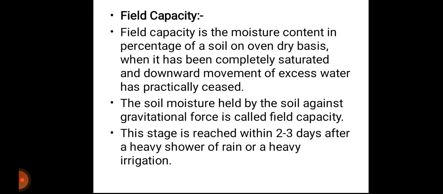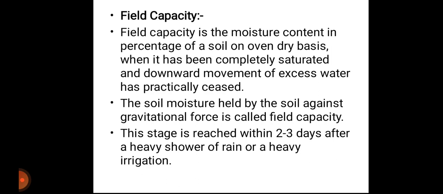Next, field capacity. Field capacity is the moisture constant, in percentage of the soil on an oven dry basis, when it has been completely saturated and the downward movement of excess water is practically scarce.